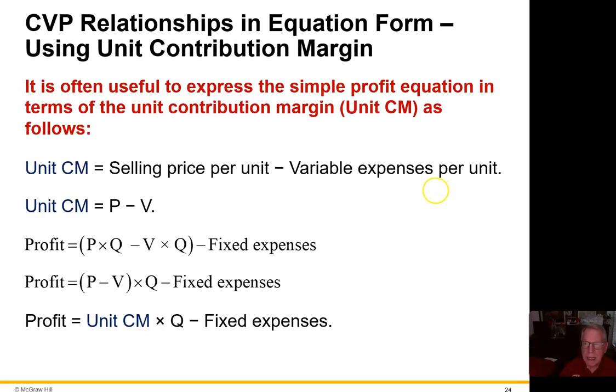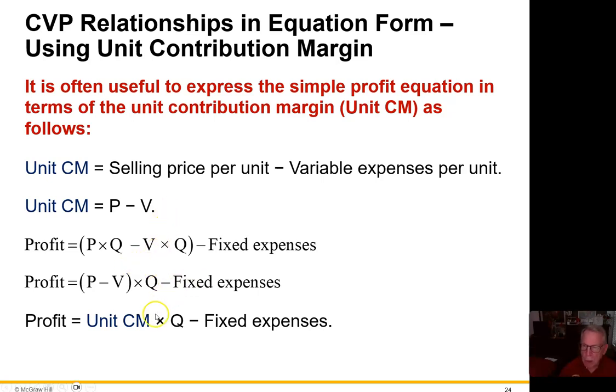All right. It is often useful to express the simple profit equation in terms of unit contribution margin. I call that contribution margin per unit as follows. So the contribution margin per unit is going to be the selling price per unit minus the variable cost per unit, variable expenses per unit. And so there's the easy equation.